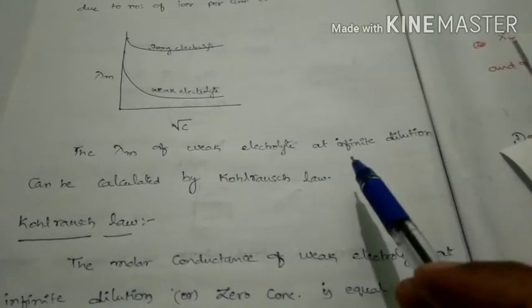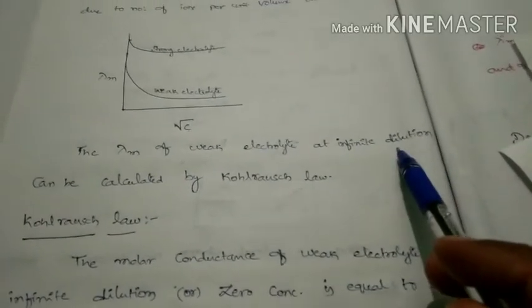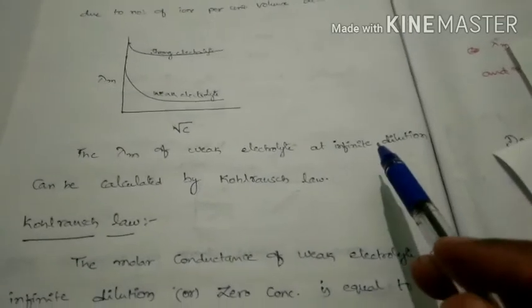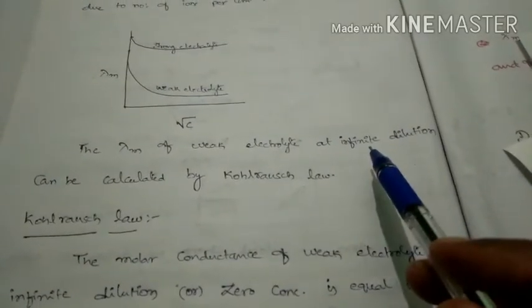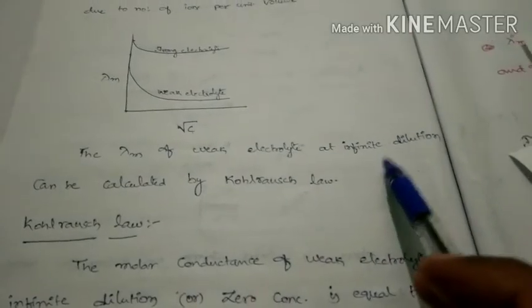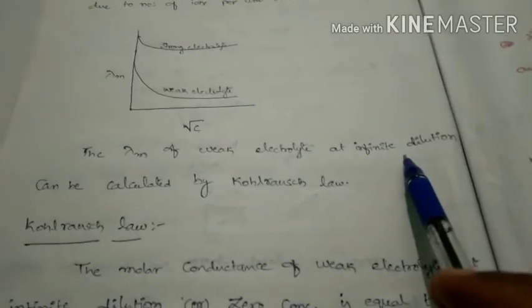That zero concentration is nothing but infinite dilution. Infinite dilution means we add water infinite times, and at that stage concentration is zero. Both are the same: infinite dilution or zero concentration.